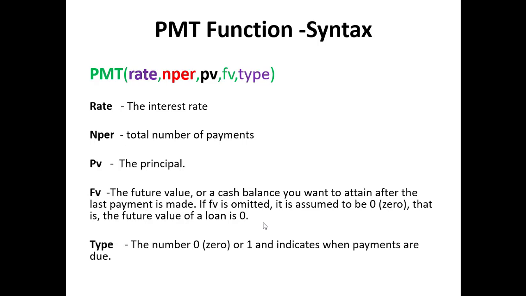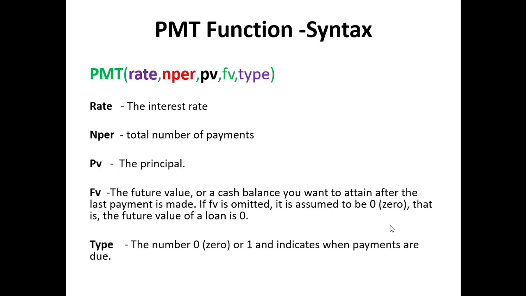This is a kind of optional one, so it is not something mandatory like rate, NPER and the present value. If you simply ignore this, it considers the future value to be 0, in the sense that you need not have a saving.